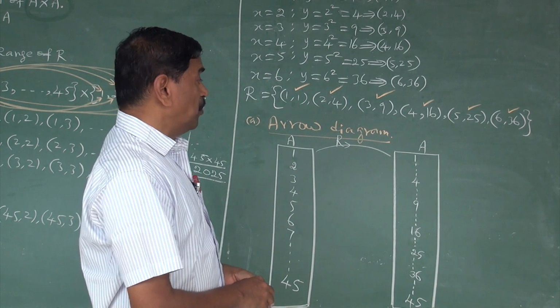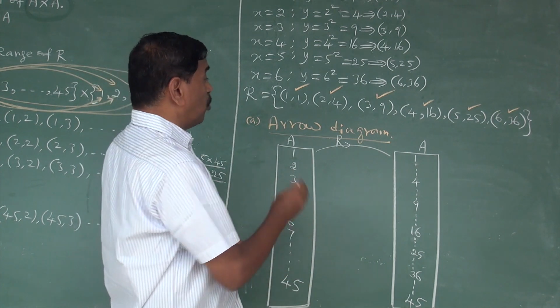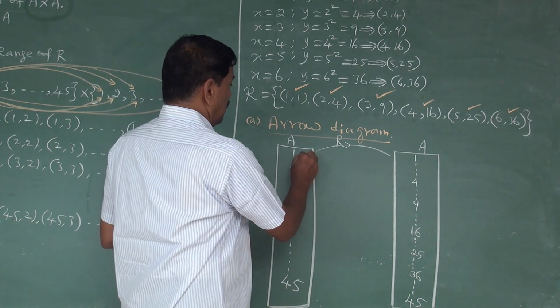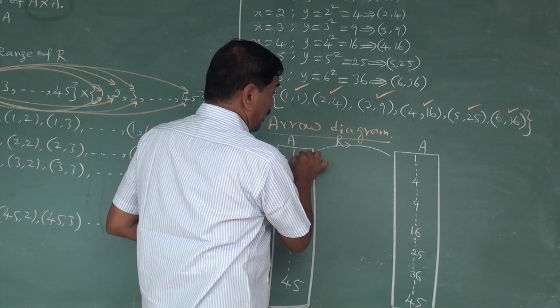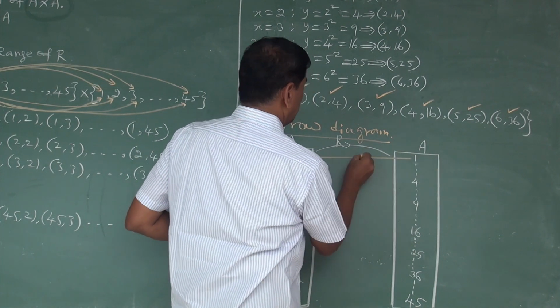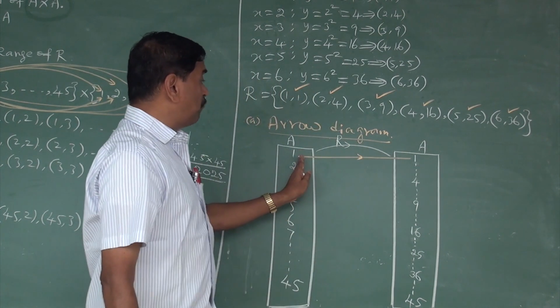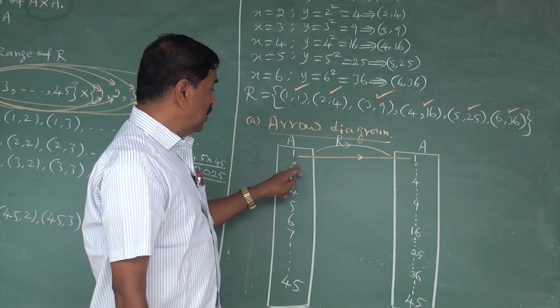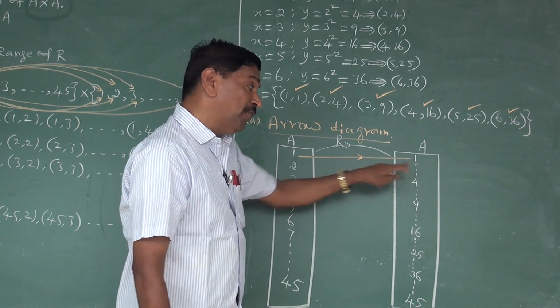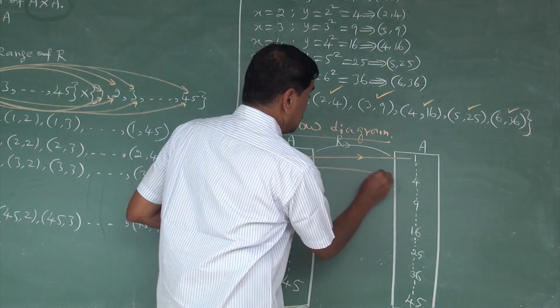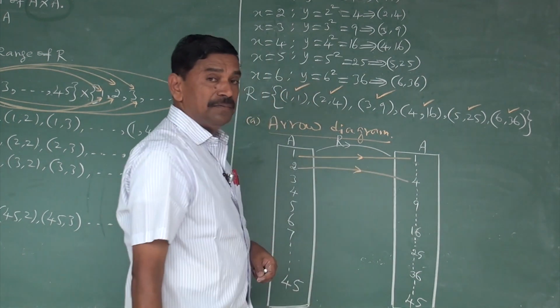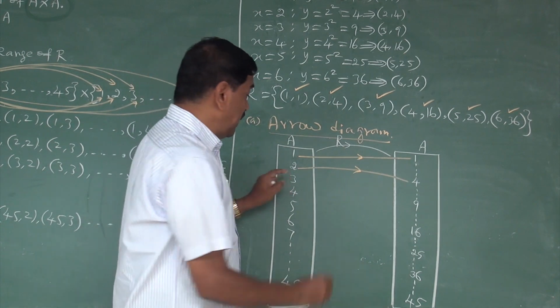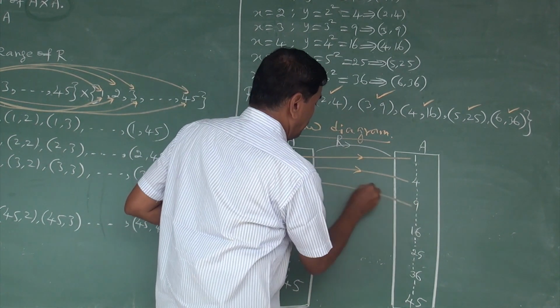Okay, we want to map. See how to group it, how to pair it. Square of 1 is 1. Square of 2 is 4. Square of 3 is 9.